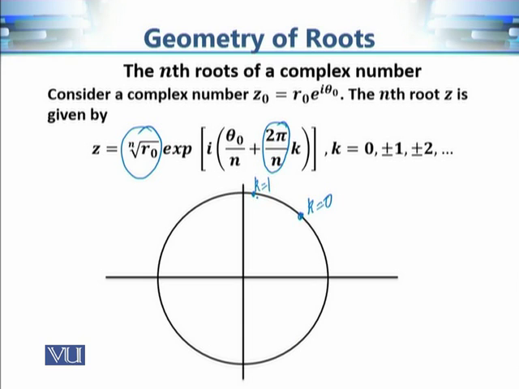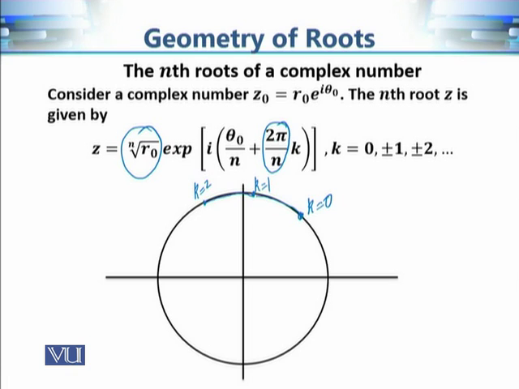Similarly, when I consider k is equal to 2, I get another complex number, and the difference between their arguments is the same as the difference between k is equal to 1 and k is equal to 0. So we are increasing their arguments in a very uniform way.